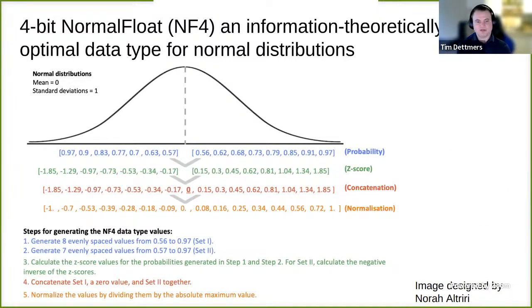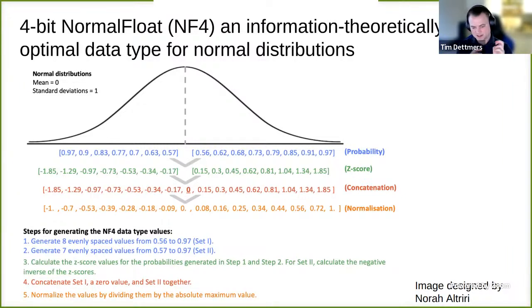And then the centerpiece: we developed a new data type. This is a data type that's information theoretically optimal for normally distributed weights. Most weights in a neural network are normally distributed. So with this data type, we find something that is information theoretically optimal.